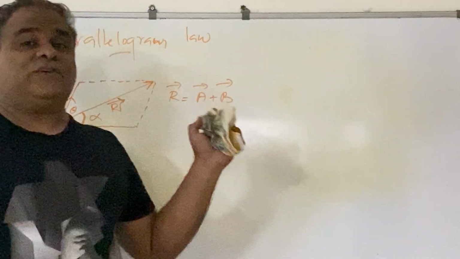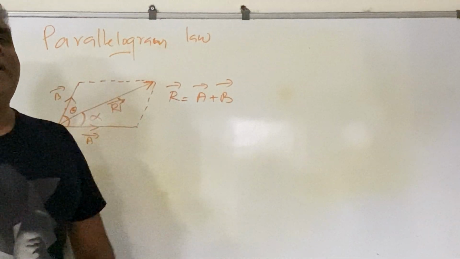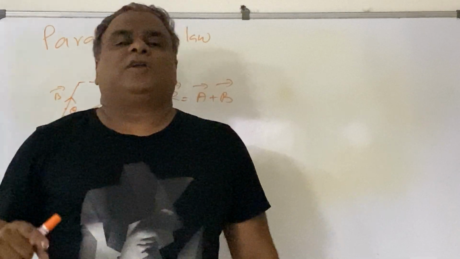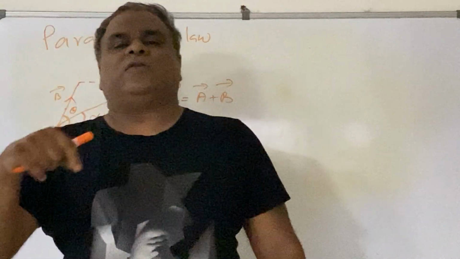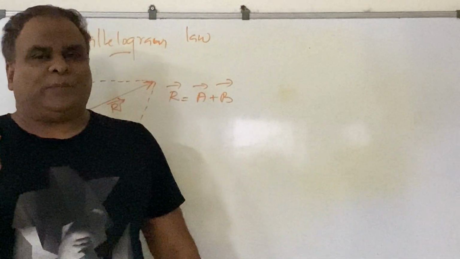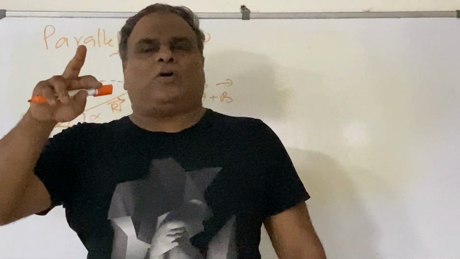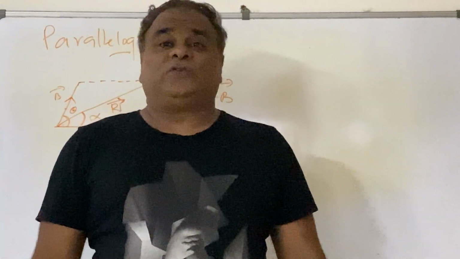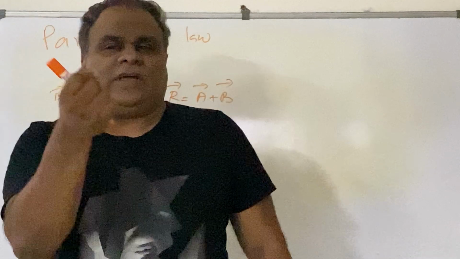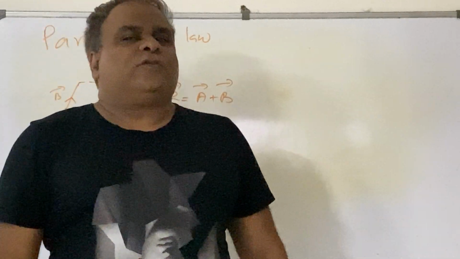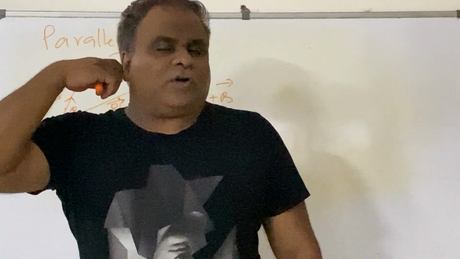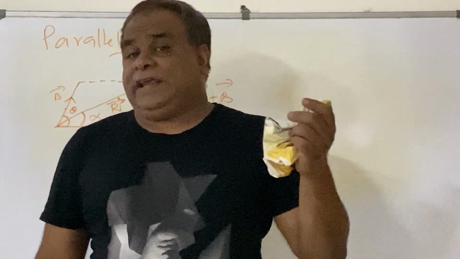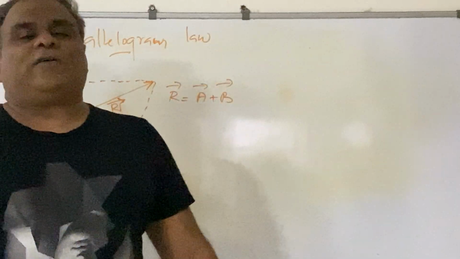In order means both of them should be clockwise or both of them anti-clockwise. Reverse order means one is clockwise, another one is anti-clockwise. Got it? So if they are in reverse order or not in order, we will go for the parallelogram law. If both the vectors are in order, we will use the triangular law.